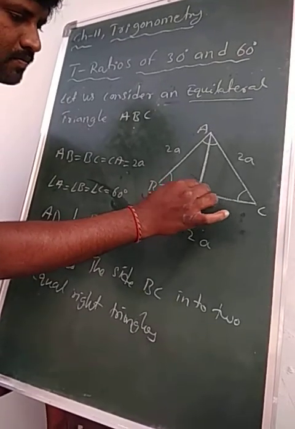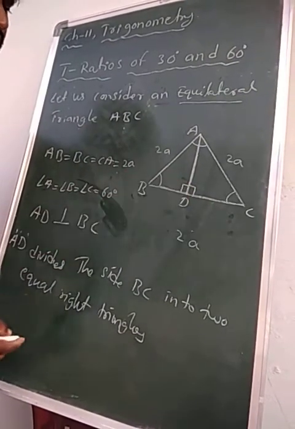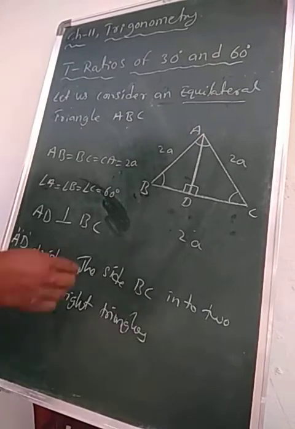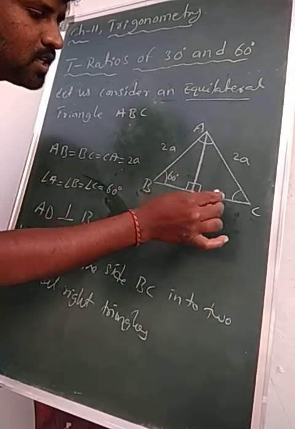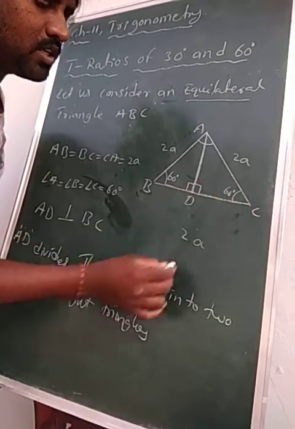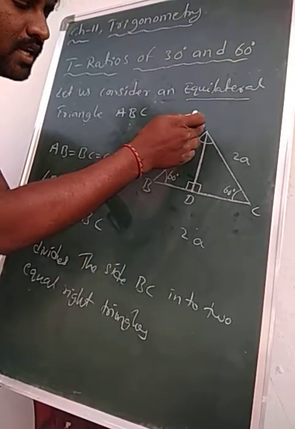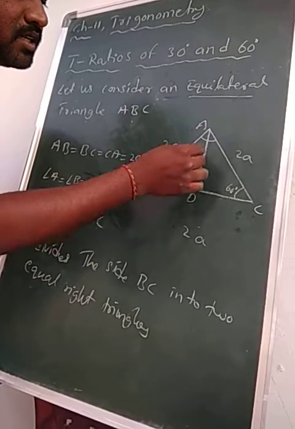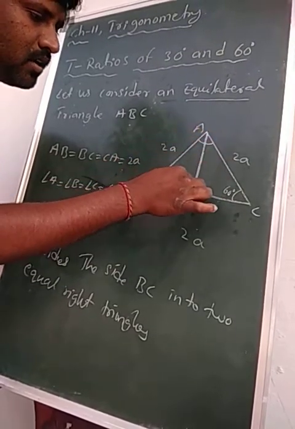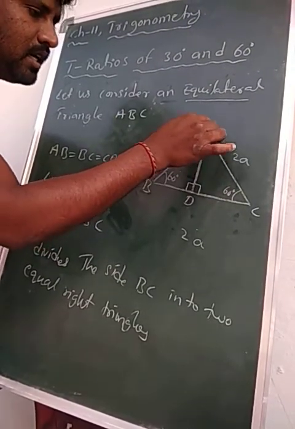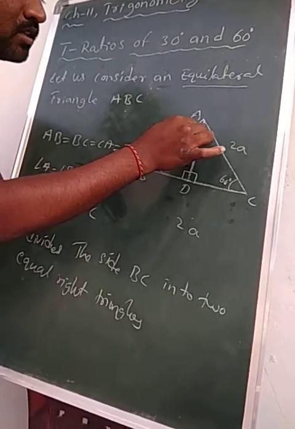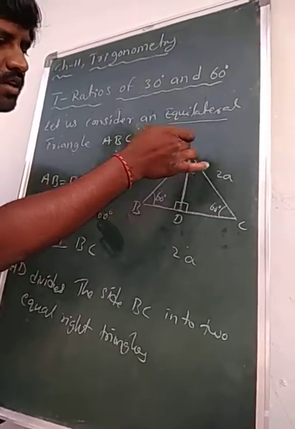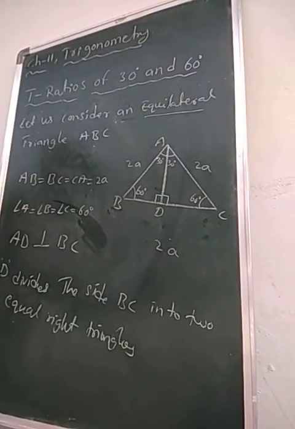Okay, like this. Now we know in triangle ABC, angle B is 60 degrees, angle C is 60 degrees, angle A also 60 degrees, but AD is the angular bisector of angle A, which means it gets halved to 30 degrees.